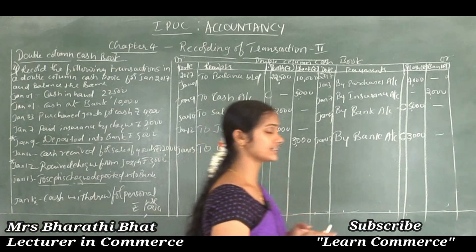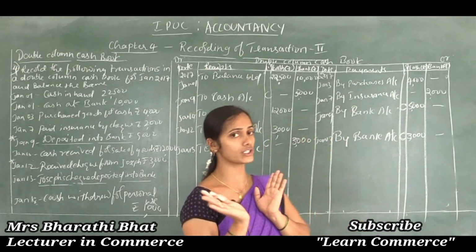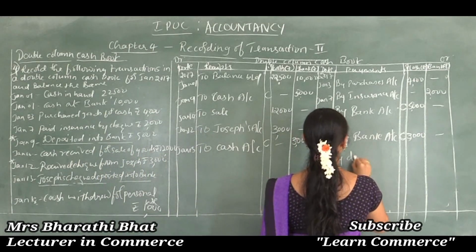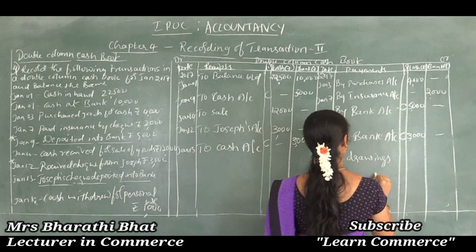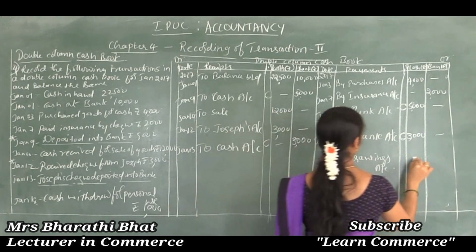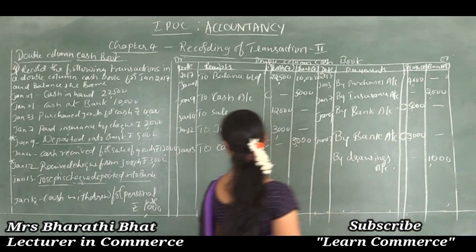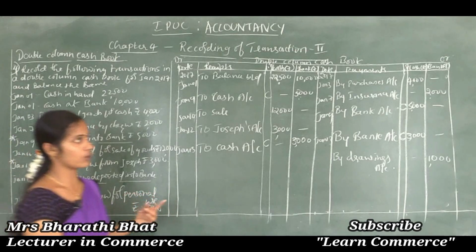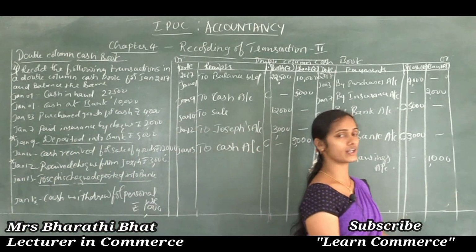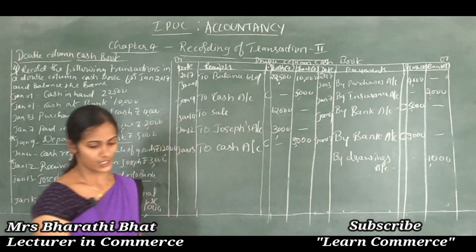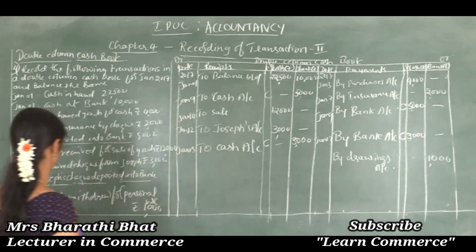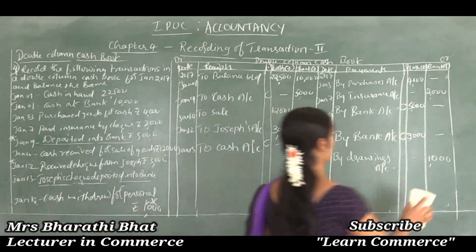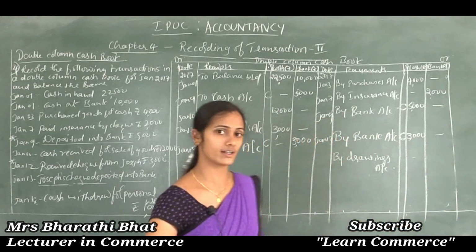If the owner of the business withdraws cash for personal use, then it is considered drawings. So drawings comes under the credit side. By drawings account, 1,000. If it were withdrawn from the bank, then that amount would be recorded under the bank column; if withdrawn from the office, it is recorded under cash. Here it is not mentioned where the cash was withdrawn from for personal use, so you can record 1,000 under the cash column.